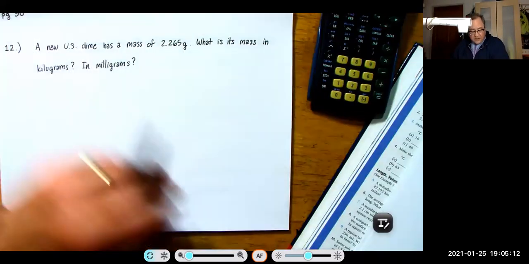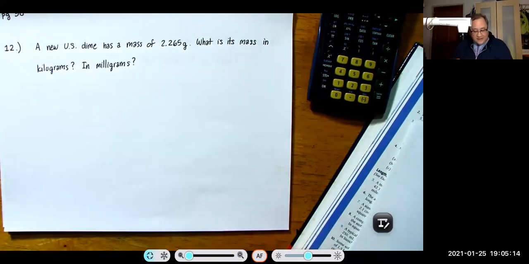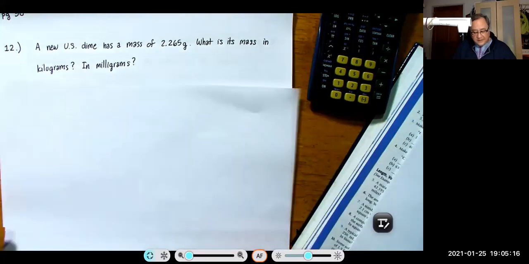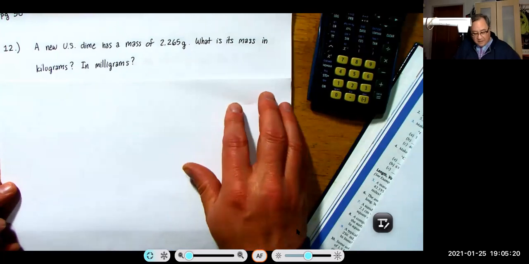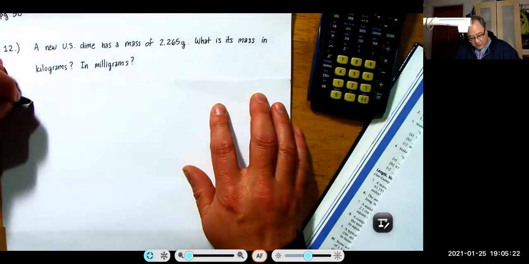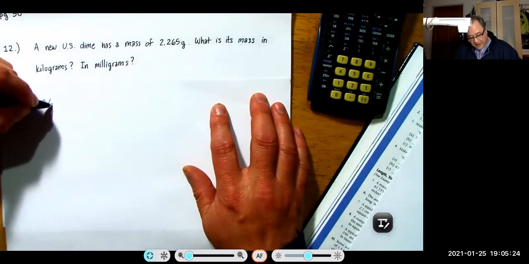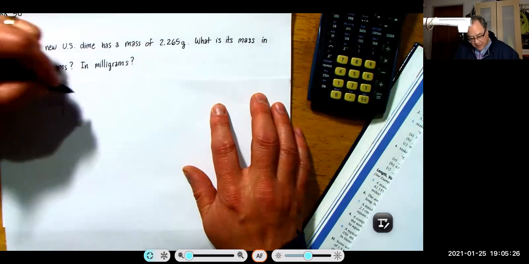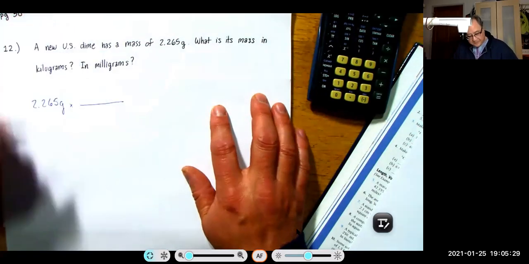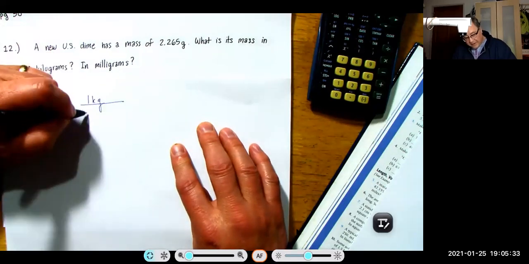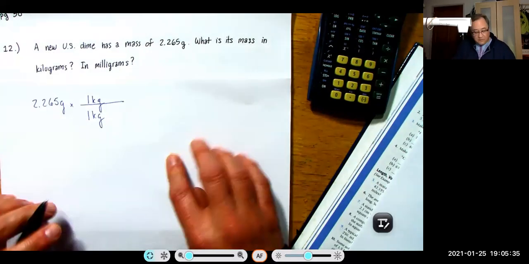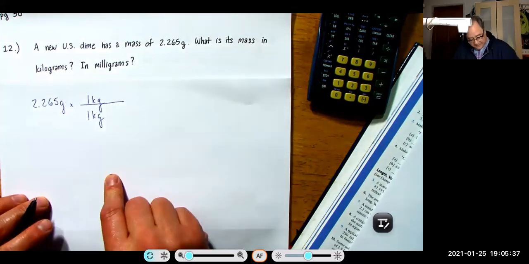A US dime has a mass of 2.265 grams. What is the mass in kilograms? So here I'm becoming a little more confident. So I'm going to take 2.265 grams and multiply by 1 kilogram over 1 kilogram, because I know for darn sure that's 1.